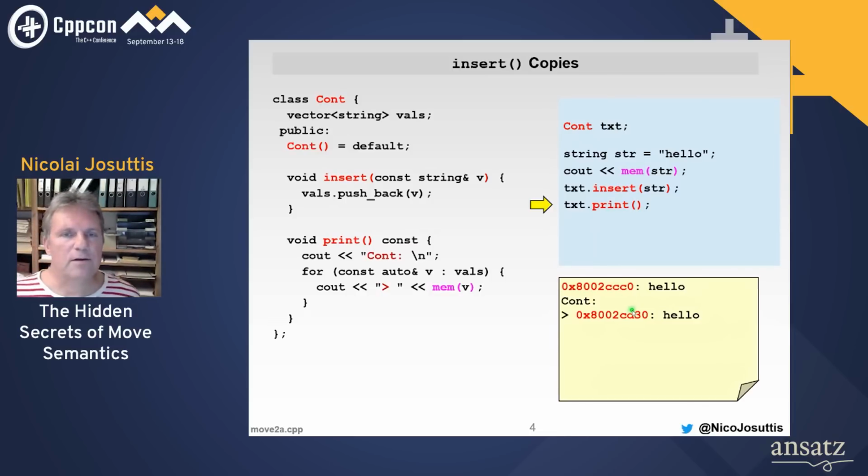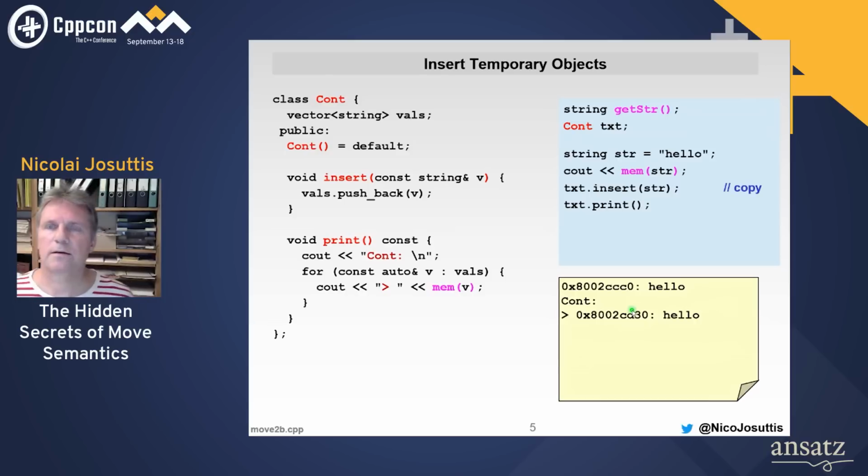We have a different address when the string is inside the container. So we copy. Good. And the whole idea of Move Semantic is that we avoid these copies because copying is expensive. So we avoid these copies when we can and when we should and when we would like to do that.